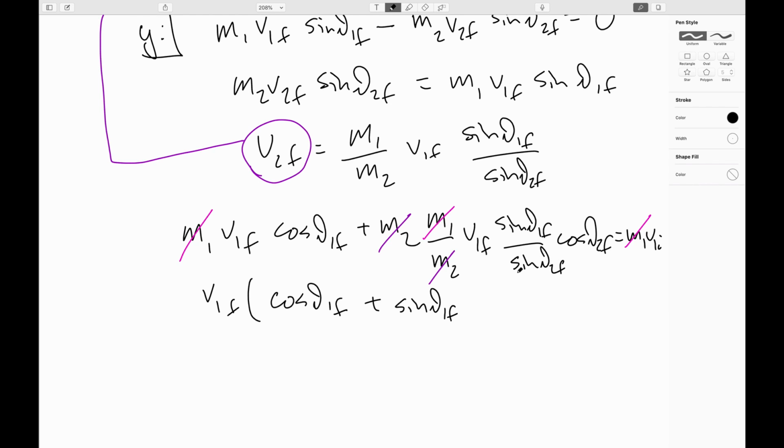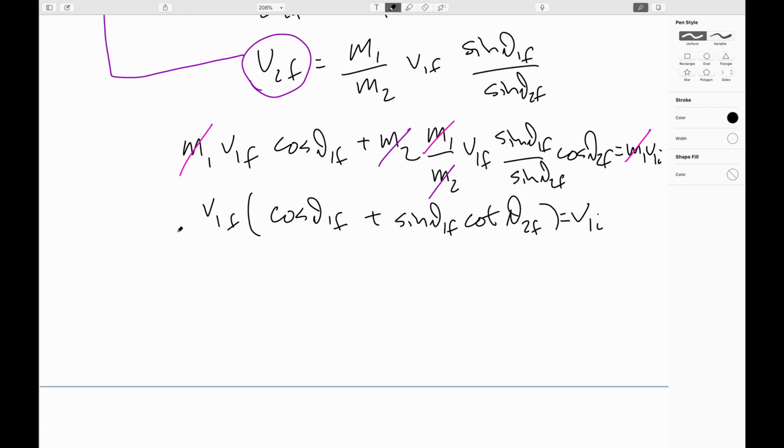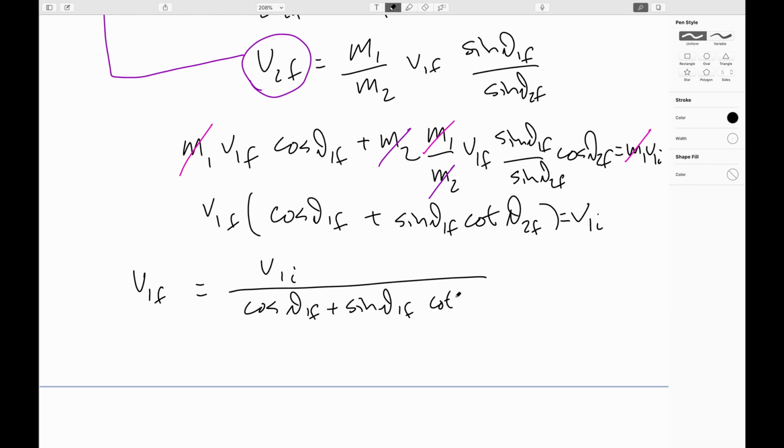And if we remember our trig identities a little bit, cosine over sine is cotangent. So just to make it slightly easier to write, I'm writing cotangent of theta 2 final there. And this equals v1 initial. So now all that's left to do is divide by everything in the parentheses, and we'll have our v1 final. So v1 final equals v1 initial over cosine of theta 1 final plus sine theta 1 final cotangent theta 2 final.